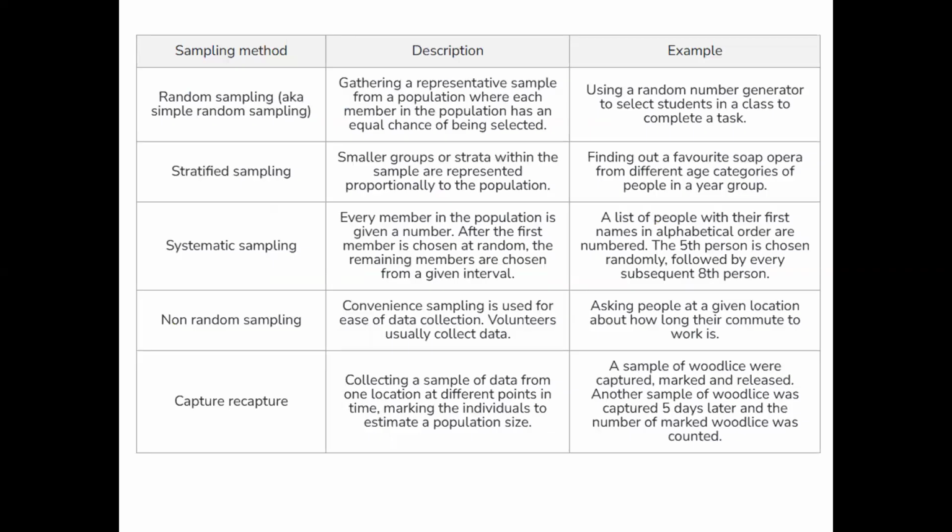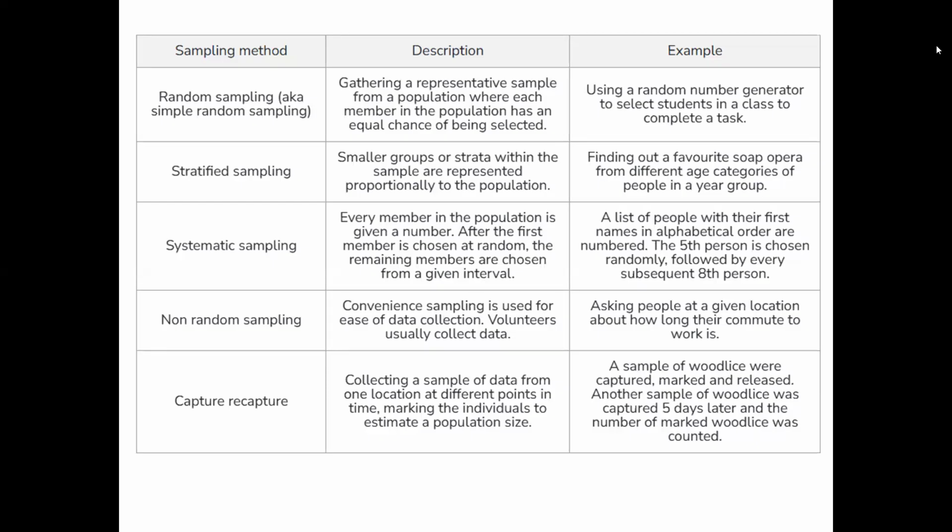So, coming to an example for understanding, in random sampling what we do is gather representative samples from a population where each member of the population has an equal chance of being selected. For example, using a random generator to select students in a class to complete two tasks. In that picture, each has an equal chance of being selected.